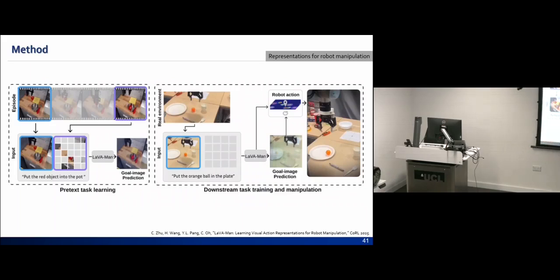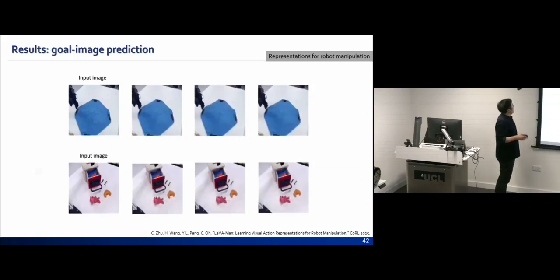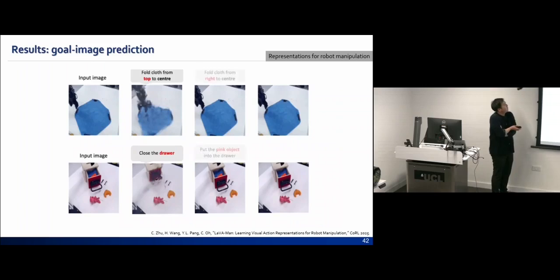Even though this is not perfect, if we also use it as an input for robotic tasks, we have found that it is quite useful to improve pick and place and other robotic tasks.